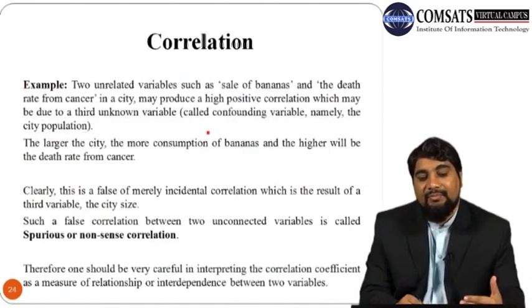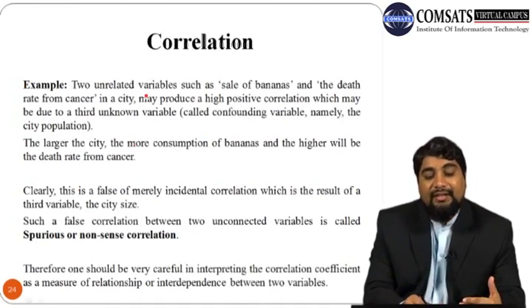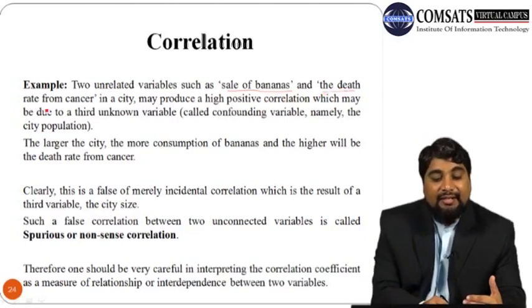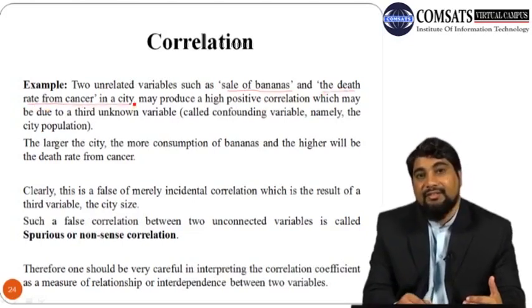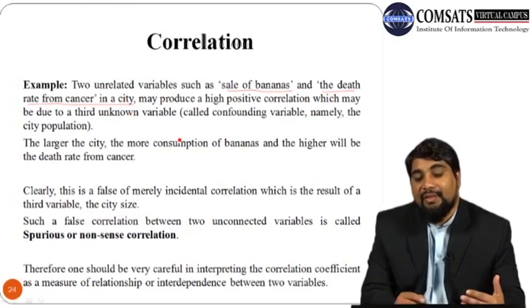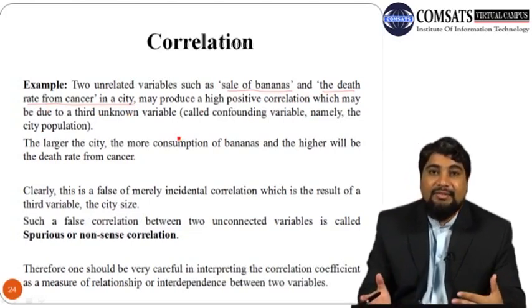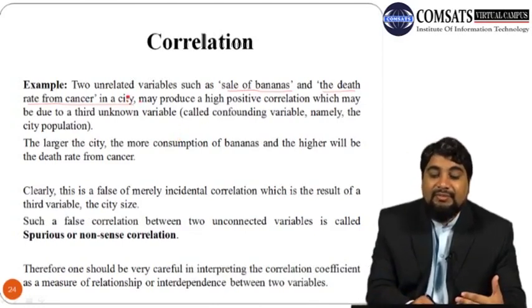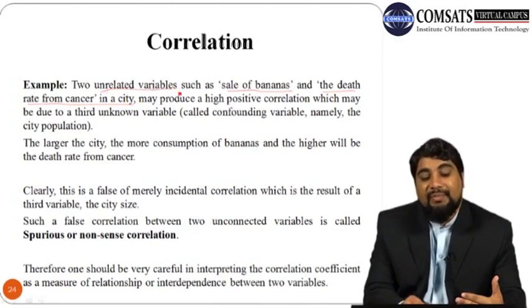So let us explain this with the help of an example. Take two unrelated variables such as sale of bananas and the death rate from cancer in a city. The sale of bananas has nothing to do with the death rate from cancer in a particular city. So these are two unrelated variables.